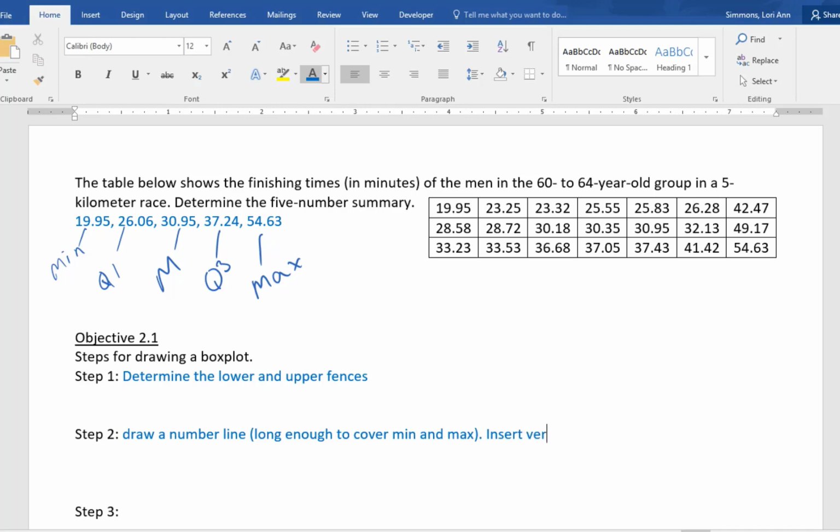Insert vertical lines at Q1, the median, and Q3. Enclose these vertical lines in a box.